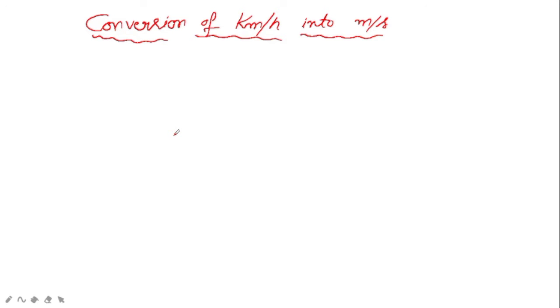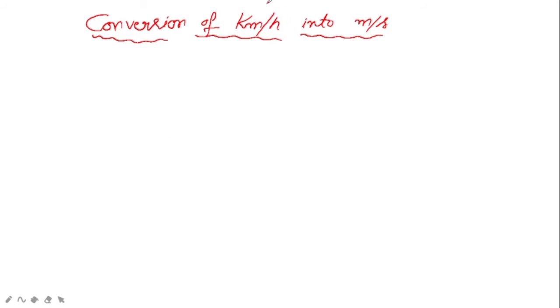And then what is the SI unit of speed? The SI unit of speed is meter per second. But sometimes we can see that speeds are measured in kilometer per hour. For example, if you see the speedometer of your vehicle, either on a bike or in the dashboard of the car, it represents the speed in terms of kilometer per hour.